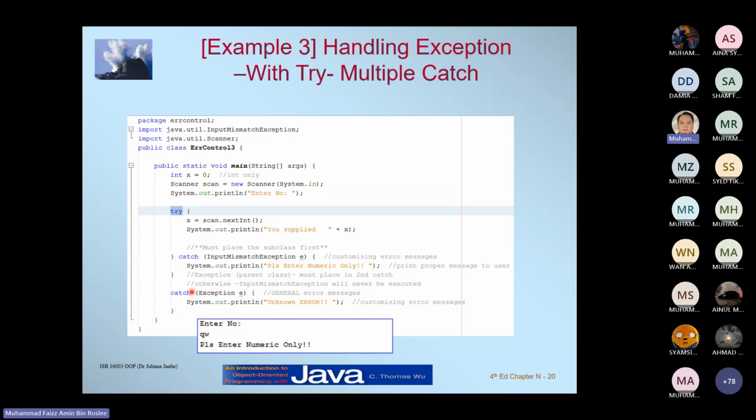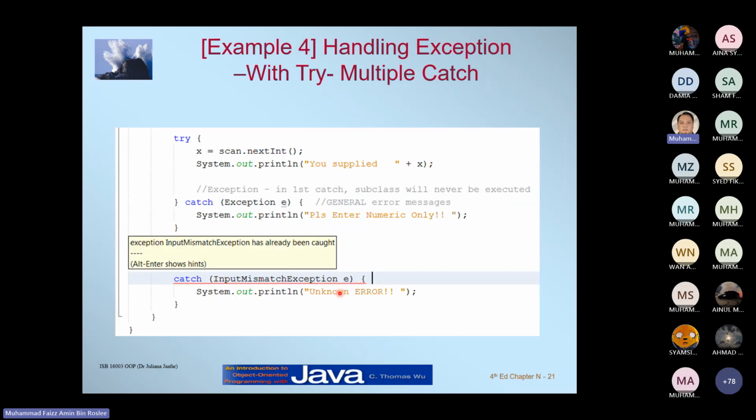Or else, other than that, it will go to the general exception over here, and you can also print out an unknown error, instead of having Java throwing all the red line strings which can make a user confused. Okay, right.